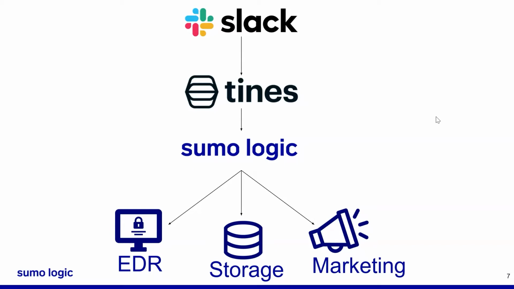We can look in our cloud storage solutions to see if there's any evidence of data exfiltration or any files being shared outside of the organization. We can even look through our marketing and our sales tools to make sure that critical customer data or potential leads are not going directly to our competitors as users leave the organization.